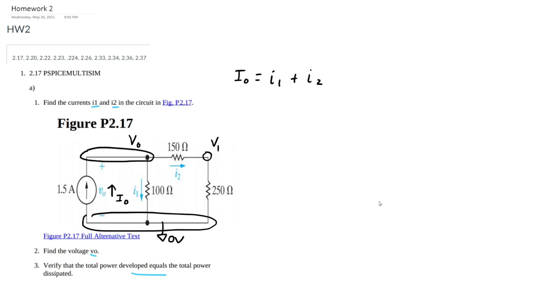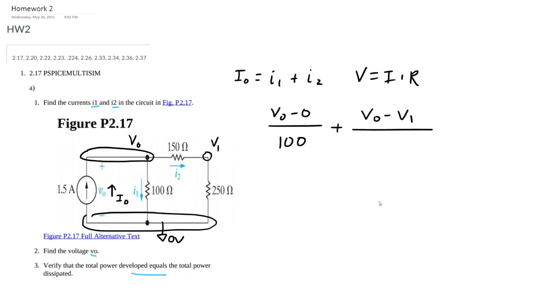Well, if we go back to Ohm's law, V equals I times R, we're going to have V out minus 0 over 100 for 100 ohms, and then V out minus V1 divided by, well, actually, one thing we can do to make this a little bit simpler is notice that these two resistors are in series.